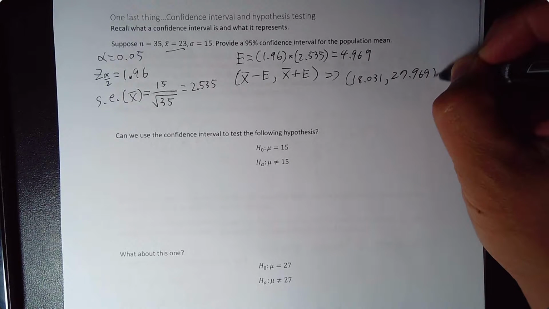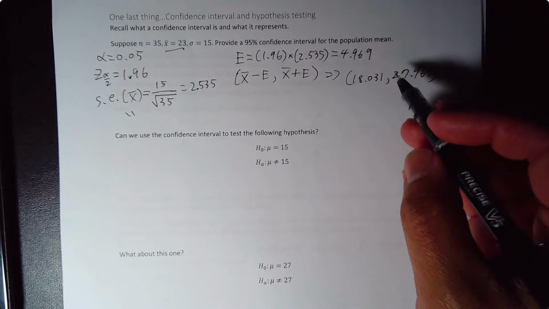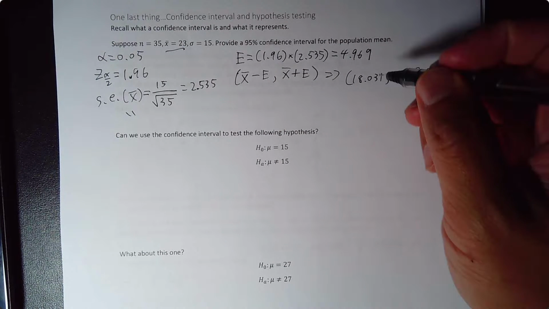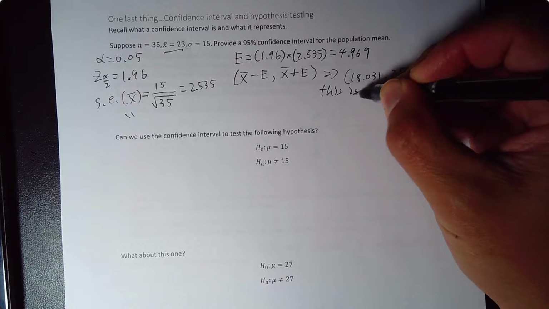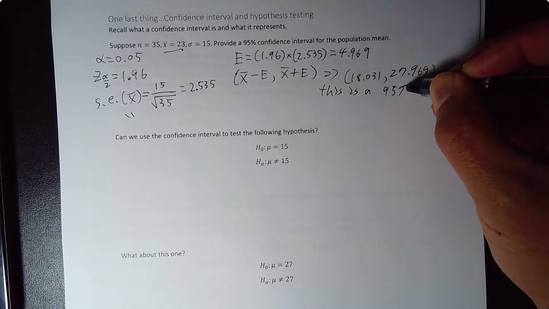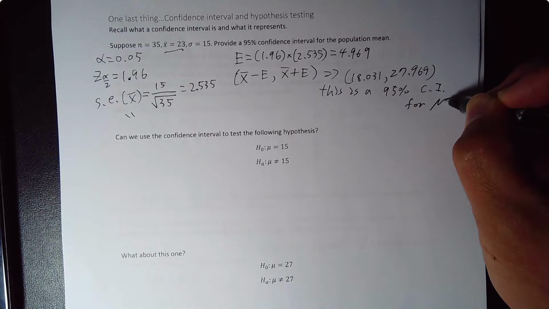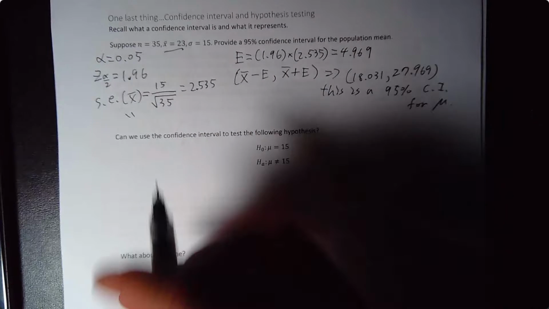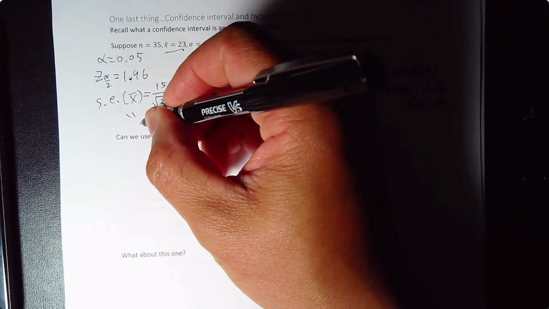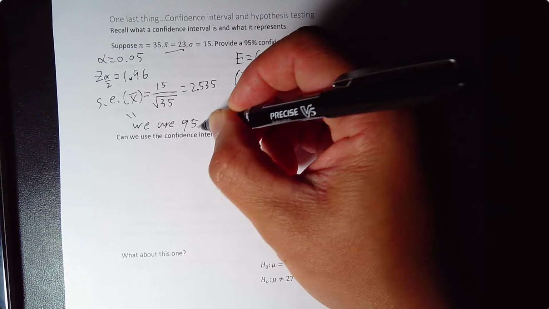Now, what is the statement that we can make once we have that? We say this is a 95% confidence interval for mu, the population mu. We can also make a different statement that means the same thing.